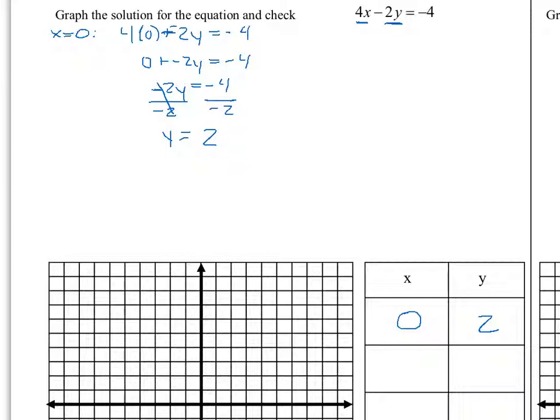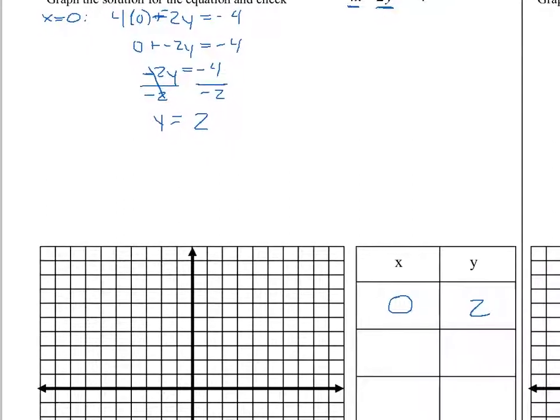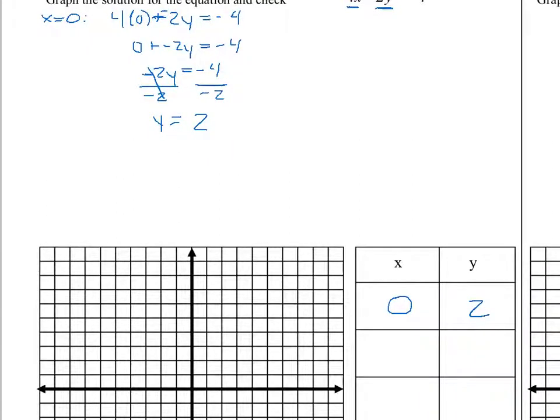Now where things are going to start being a little bit different is I'm going to tell you that the second point that you're always going to plug in, you're actually going to plug in for y. And we're going to plug in 0 for y. All right?